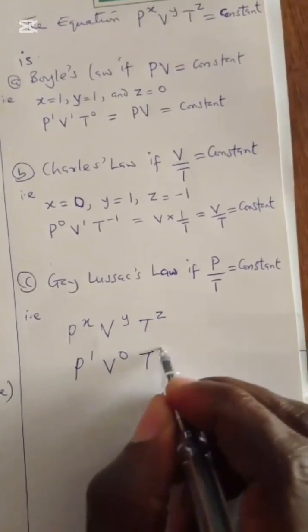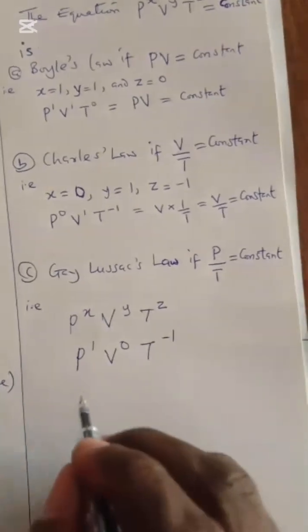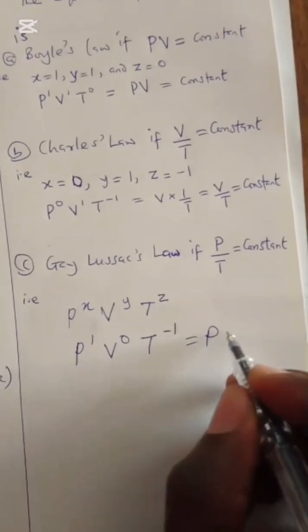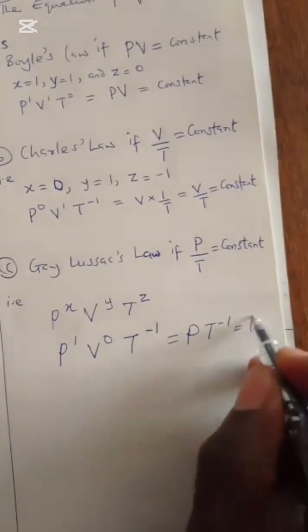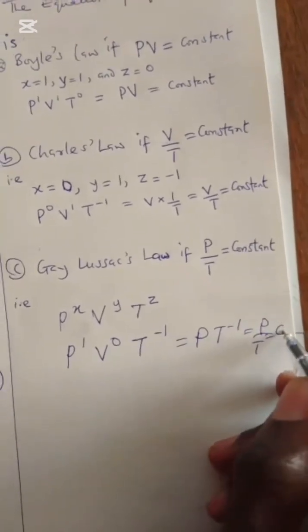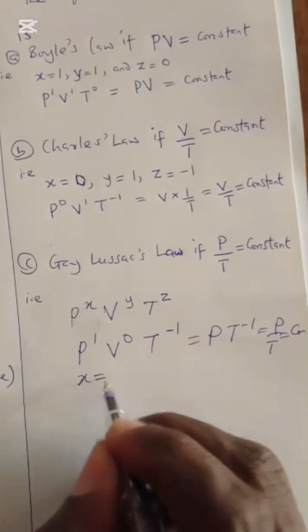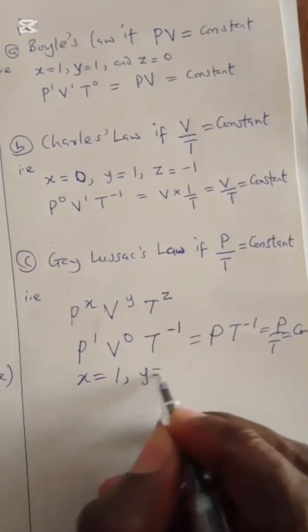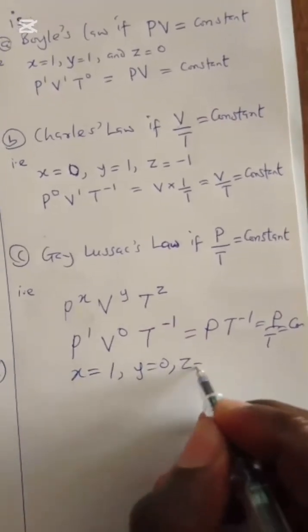Then T should be negative 1. So it becomes P T to the minus 1, which is P over T, our constant. So the answer is X equals 1, Y equals 0, and Z equals minus 1.